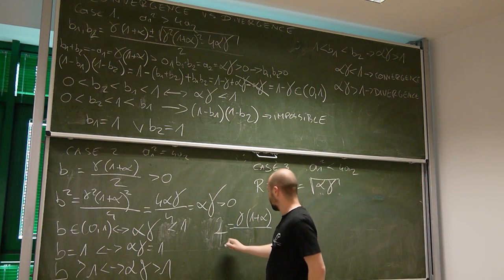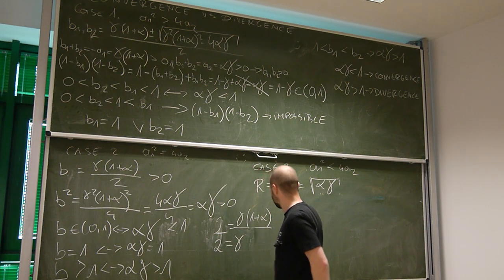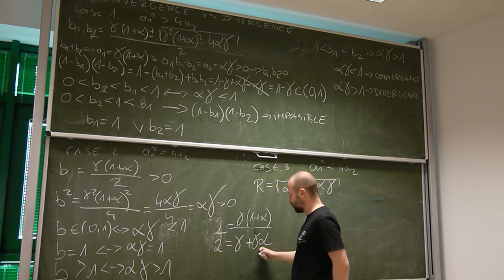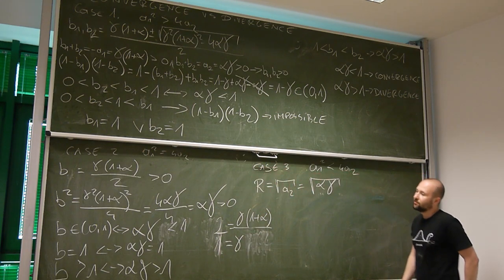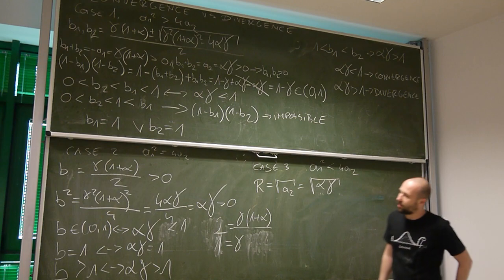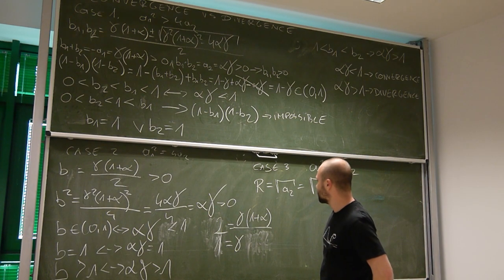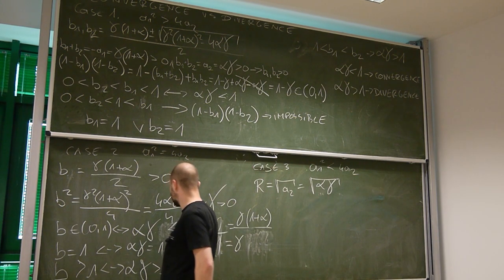Then we've got that 2 is equal to gamma plus gamma alpha, which if it would be equal to 1, we would have gamma equal to 1, which again is the violation of our assumptions. So look, in this case we can have only convergence or divergence.